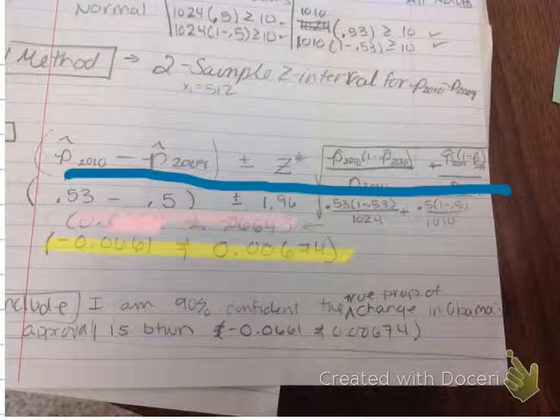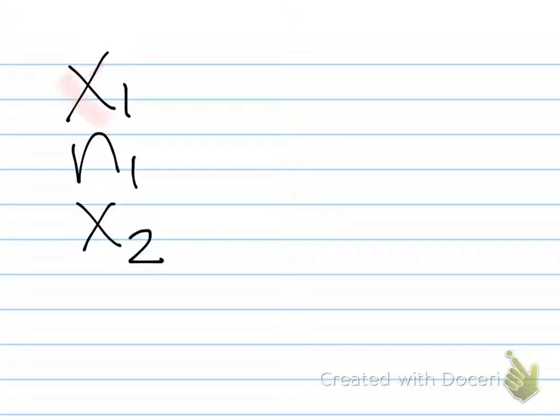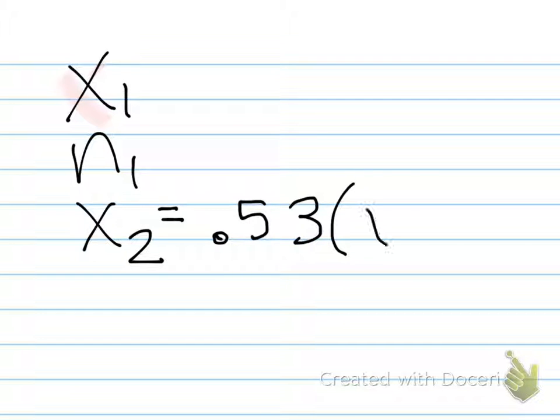So once you type it in your calculator, let's see if I can add a new page. We'll go right here. When you type, I think it is x1, and then you have n1, and you have x2, right? And when you do x2, if you do 0.53 times 1010, you get a decimal, okay?